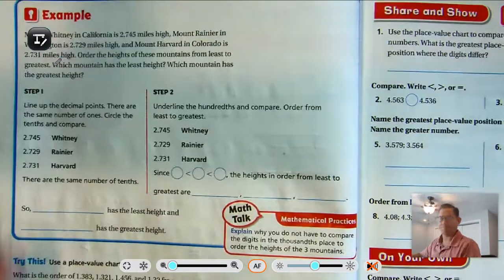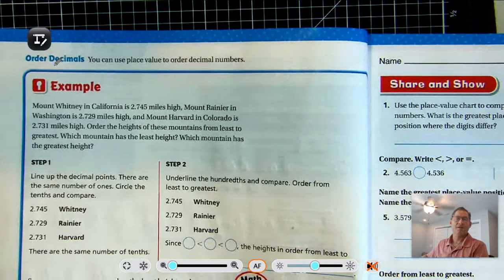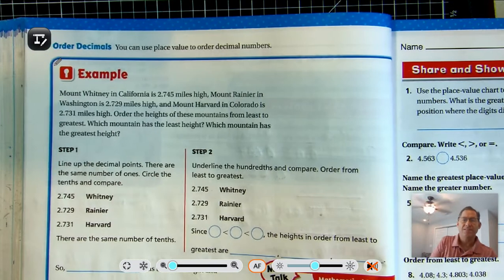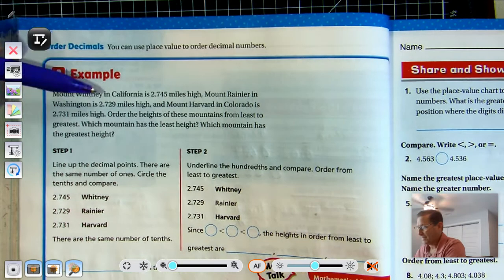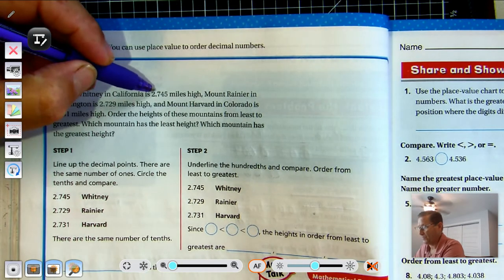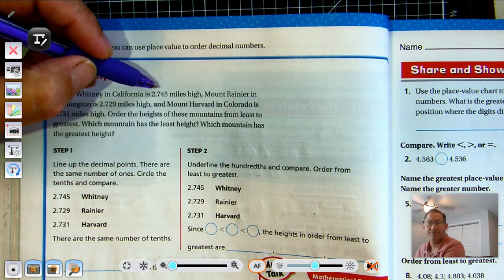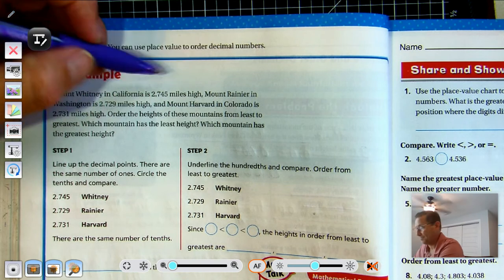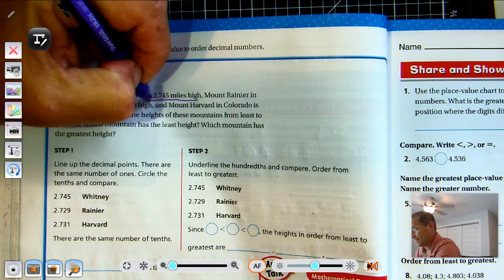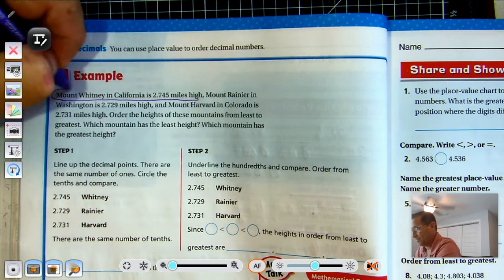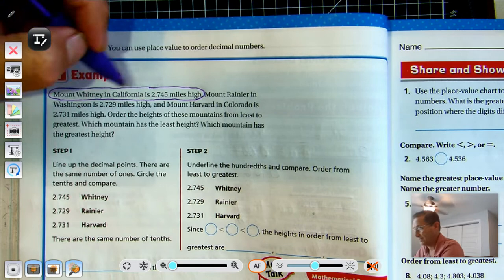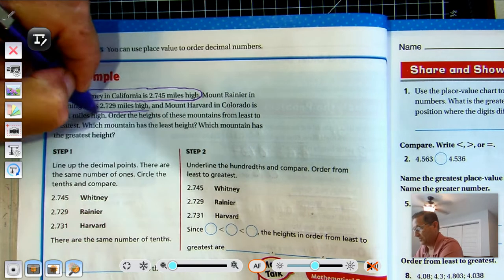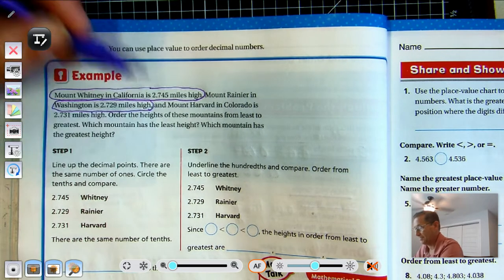Page 118. You can use place value to order decimal numbers. So for example, Mount Whitney in California is 2 and 745 thousandths miles high. Mount Rainier in Washington is 2 and 729 thousandths miles high.